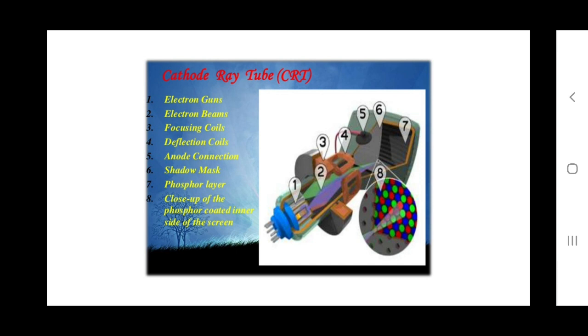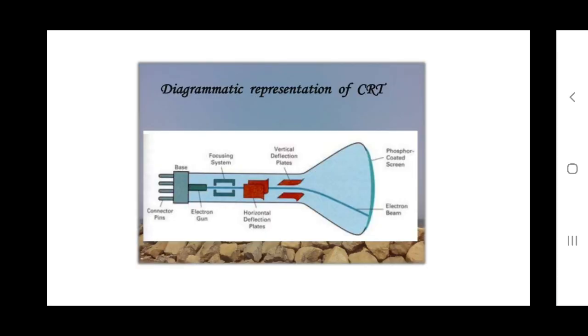This eighth part shows the phosphor coated screen which is located on the inner wall of the conical flask.